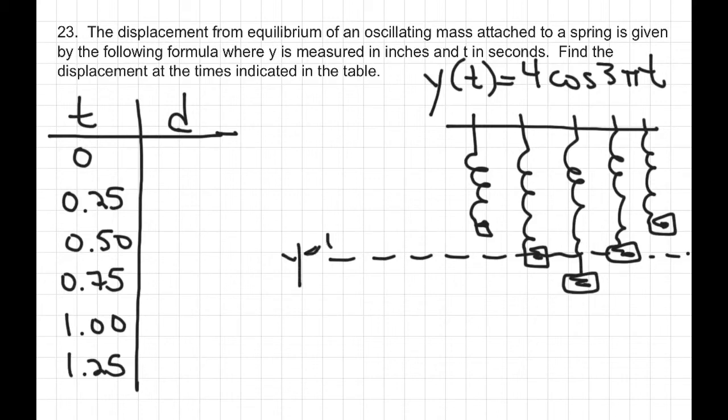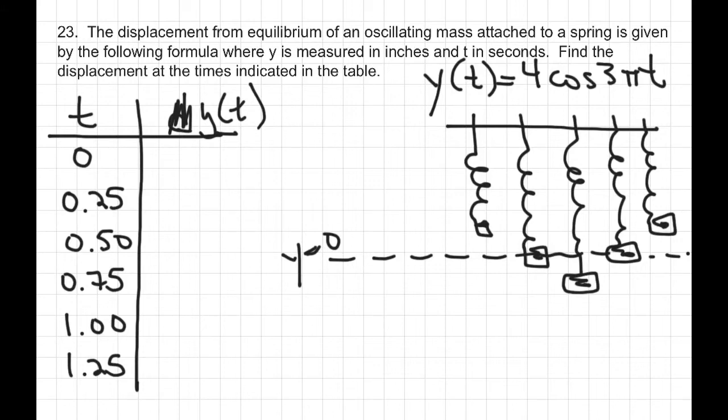Equilibrium is when y equals 0. Sorry, I'm used to d for displacement. Basically, y of t represents its location with respect to equilibrium, and equilibrium is when y equals 0.